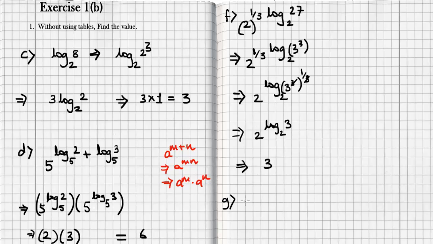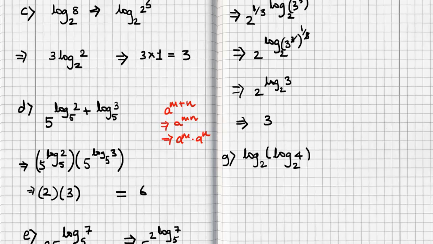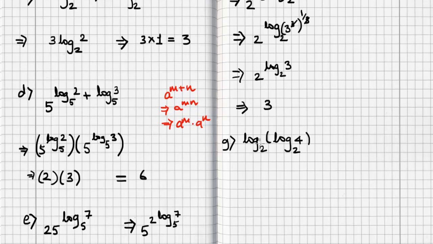G. Log to the base 2 times log to the base 2 of 4. Okay. Now first of all I'll consider the bracket portion, that is log to the base 2 of 4 is equal to x.